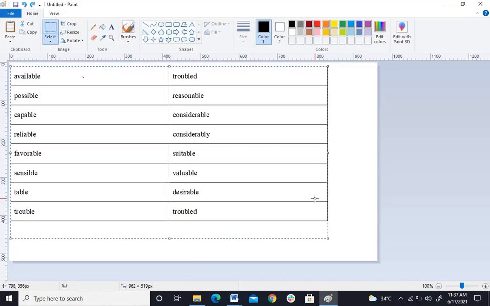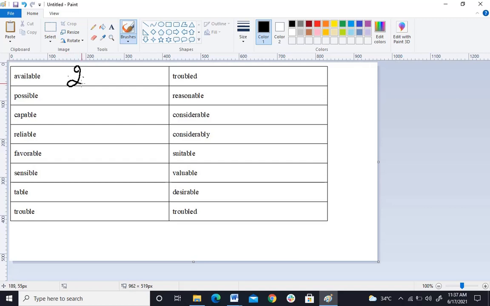First, we have available. What's the stroke for the sound A? We have the big circle, and then the V, and then the E or A, avail. So we have A, V, A, la, bul. L, bul, it has no A. Let's repeat: A, V, la, bul.